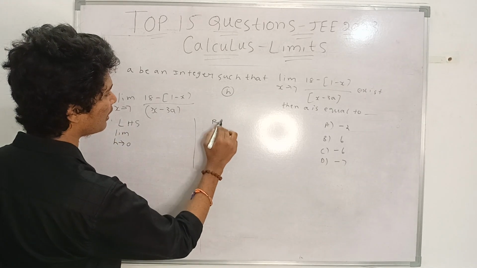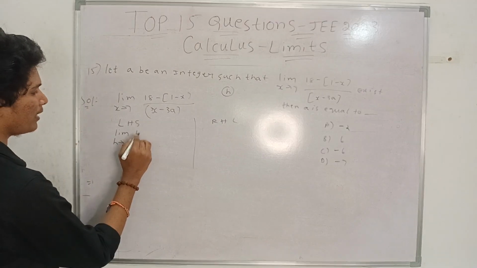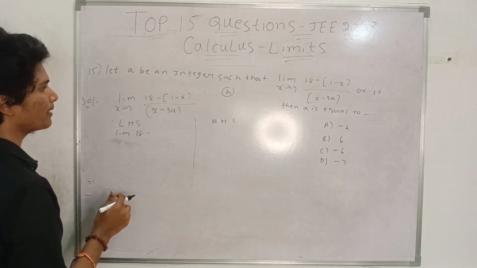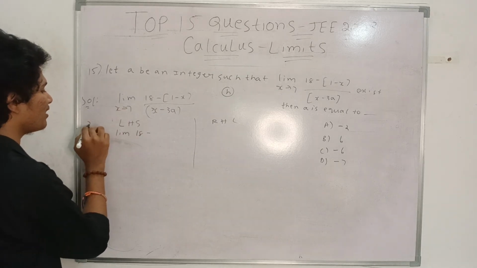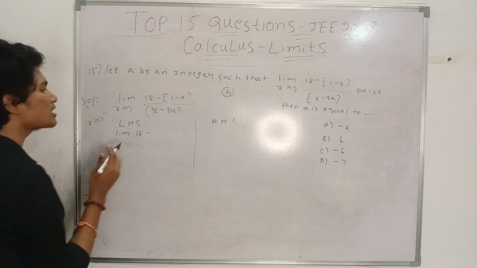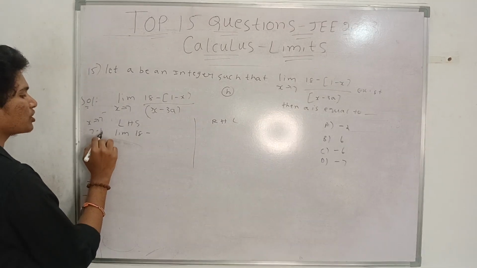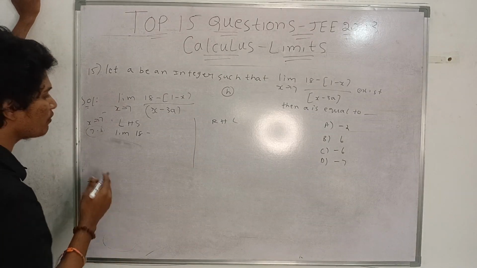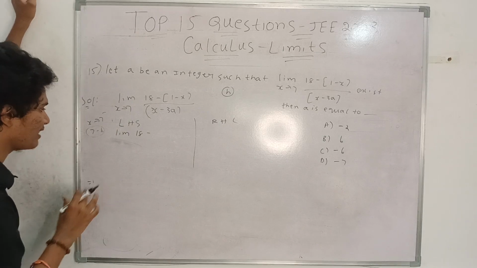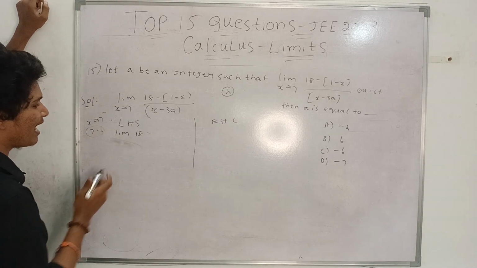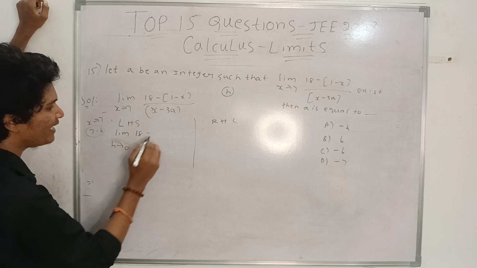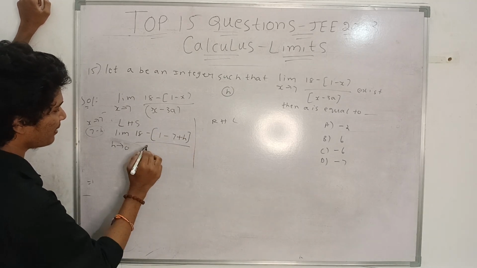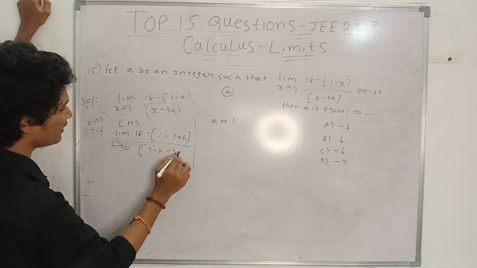LHL part, RHL part. What is the meaning of LHL? It is x tending to 7 minus, so I can write x as 7 minus h. So when x tends to 7 minus, I can write limit h tending to 0 of 18 minus [1 minus 7 plus h] divided by [7 minus h] minus 3a.